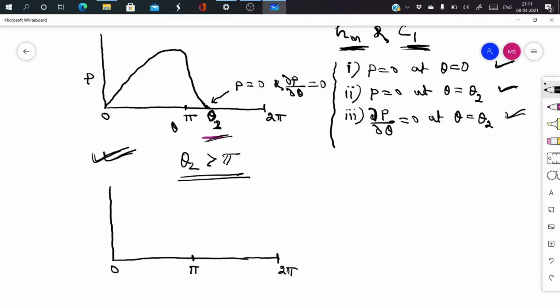This boundary condition says something like this. Okay. So that means it doesn't remain 0. Let's say this is theta 2. It doesn't remain 0 at theta 2. It goes slightly negative. Okay. So in this zone, it is slightly negative.